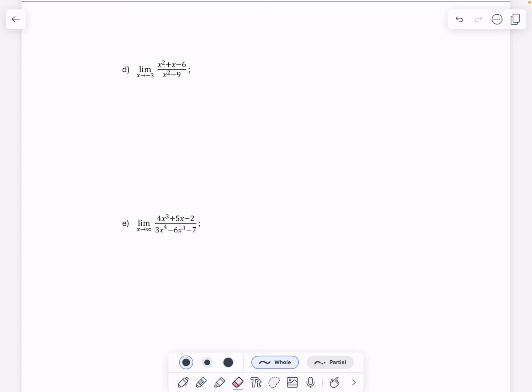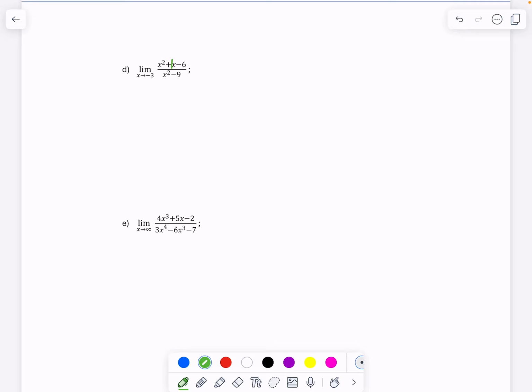The way we can evaluate this limit is to observe that the numerator, x squared plus x minus 6, we can factor. You want to look for two numbers that when you multiply them, you get -6, and when you add them, you get 1, which is the coefficient of x here.